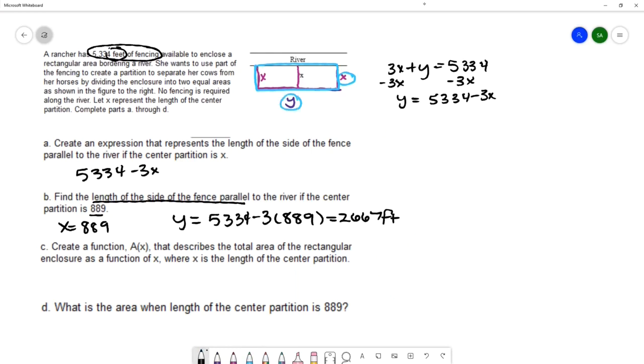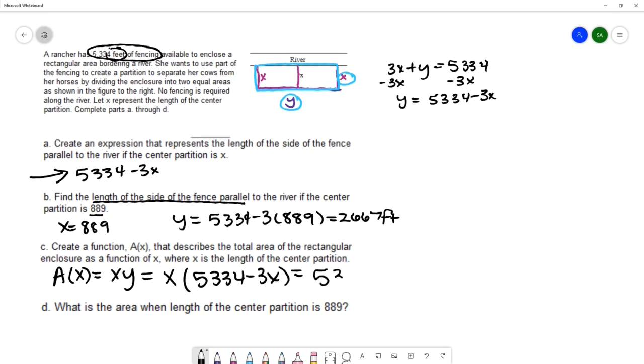So our area function will be x times y, length times width, but we had an expression for y from part A. So that's x times 5,334 minus 3x. And we can use the distributive property to write this as 5,334x minus 3x squared. So now we have a function that represents the area of those enclosures.